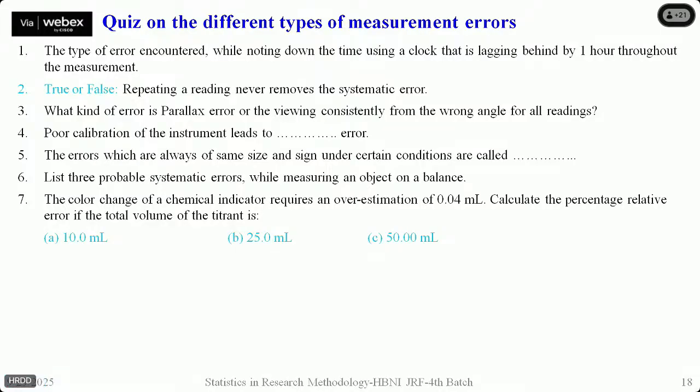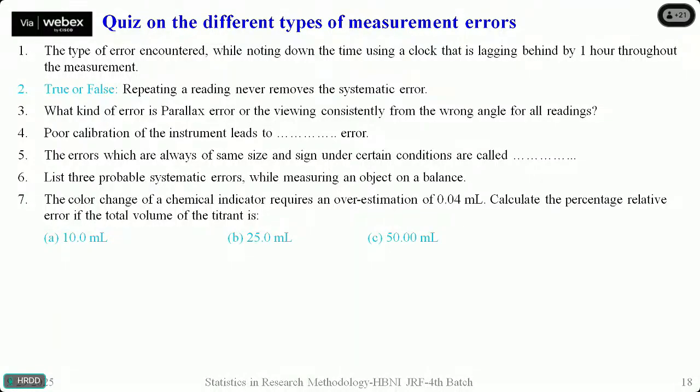Here 10.0 is the true value, and the error is given as 0.04 for all three cases. So percentage error will be 0.04 divided by the particular value for each of the A, B, C cases, multiplied by 100. So which one will have the largest percentage error?